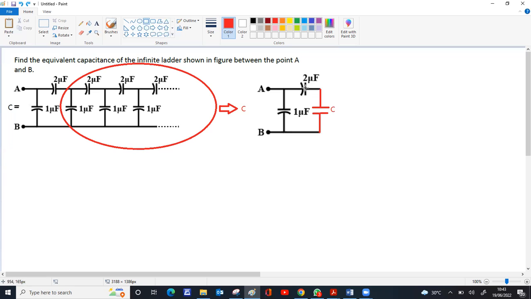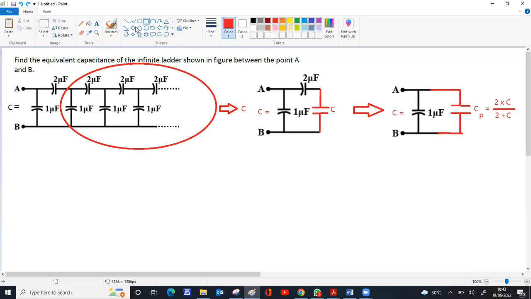So now these two capacitors, 2 and C, are in series. That we can replace by a single capacitor, which will be parallel to 1 microfarad. So this series combination will be 2 into C by 2 plus C. Now these two are parallel.